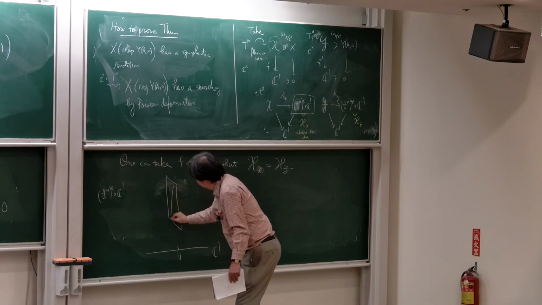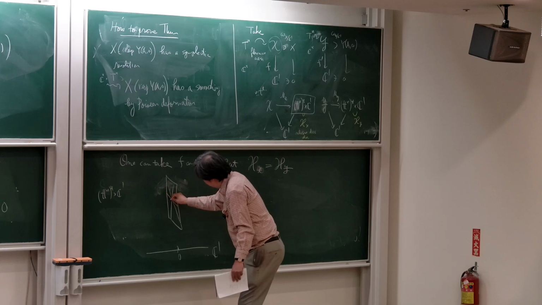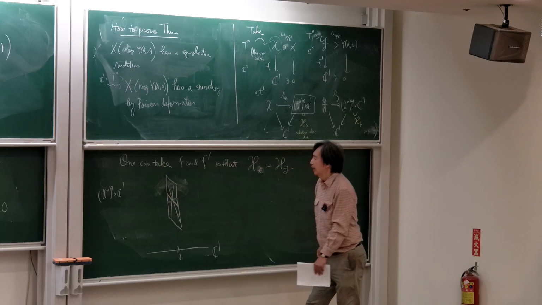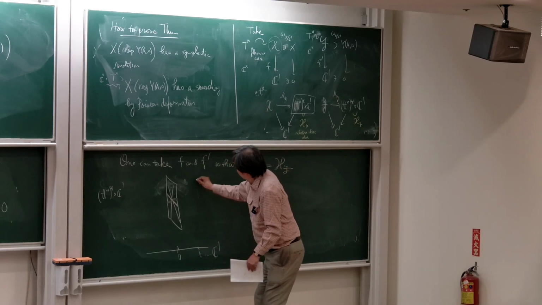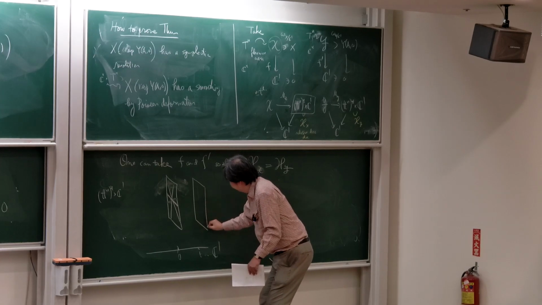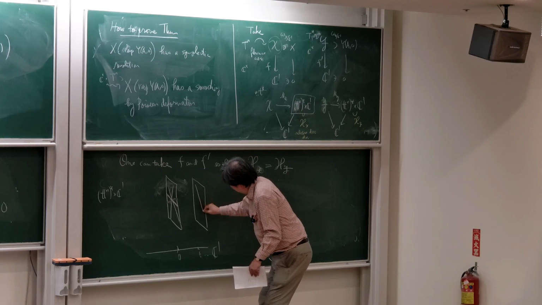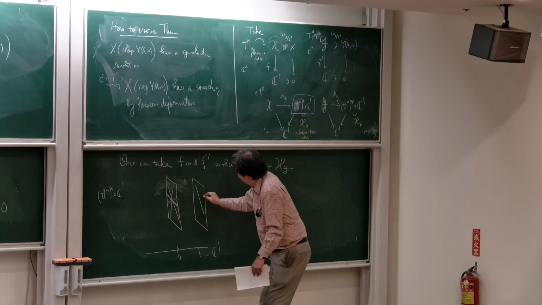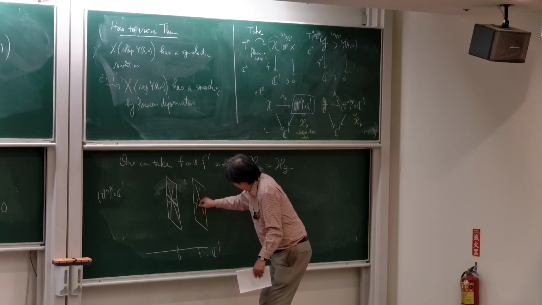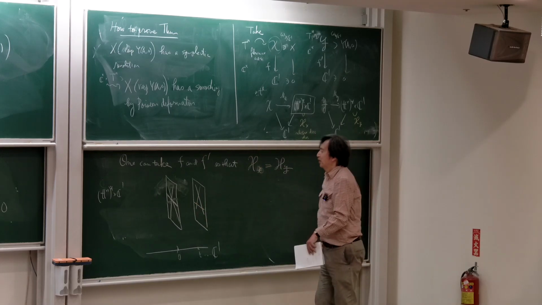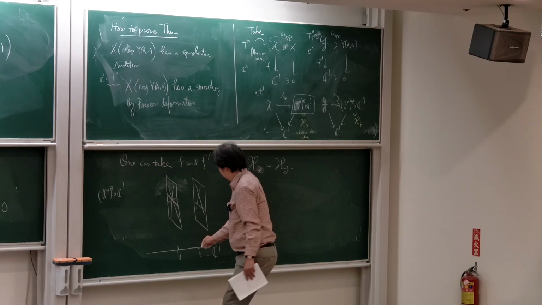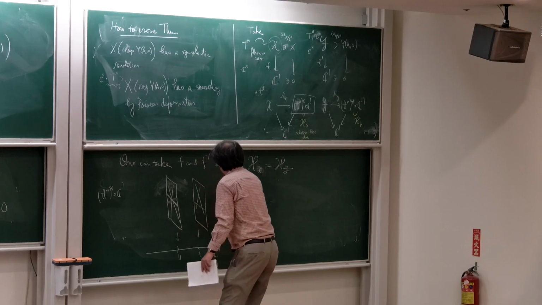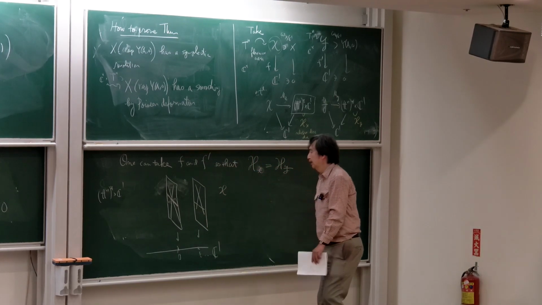This is the original discriminant divisor this way. But the general fiber is smooth, and the general fiber is like this. This is a parallel hyperplane, but they don't go through the same point like this. This is the situation of H.